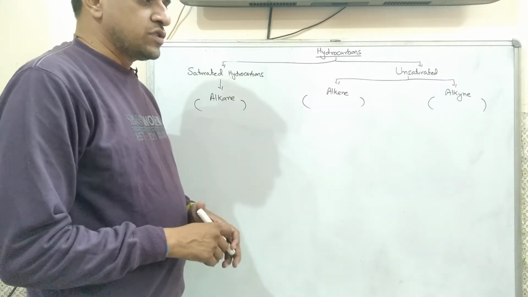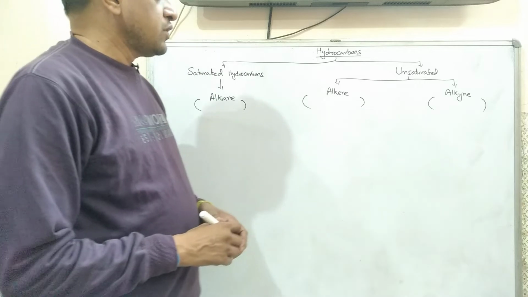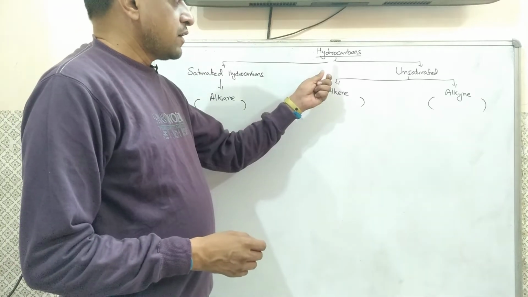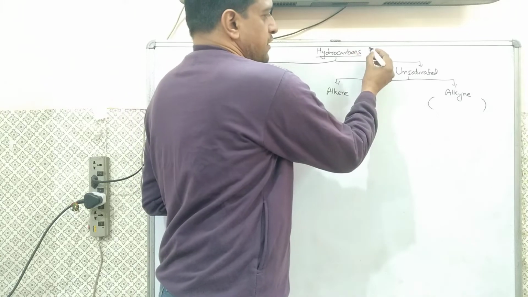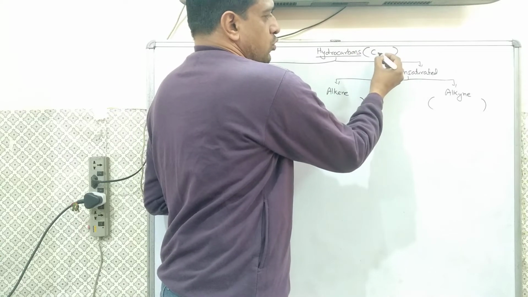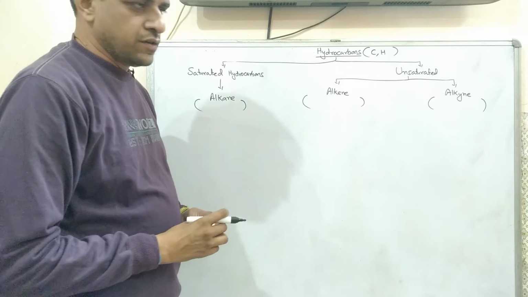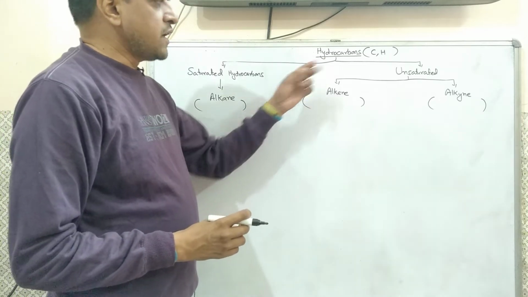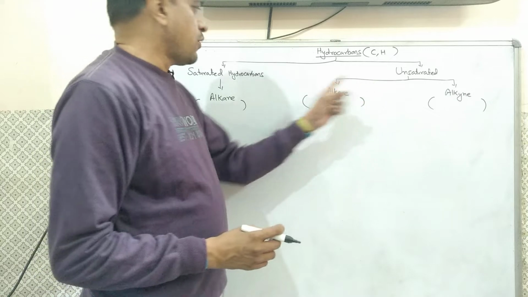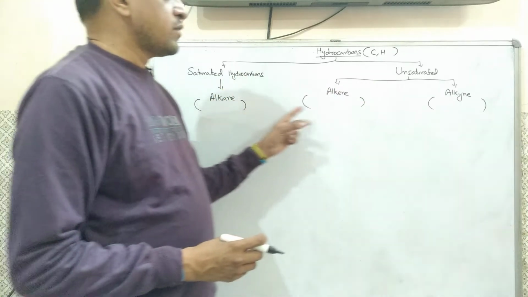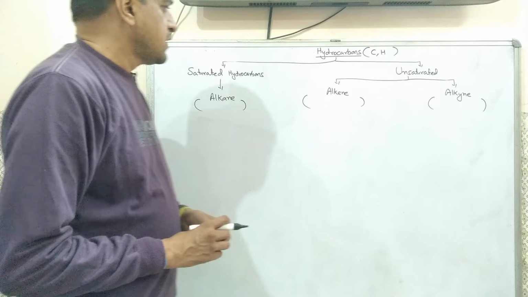Now come to the study of hydrocarbons. In this chapter you will learn hydrocarbons. A hydrocarbon, as the name indicates, is made up of two main elements, that is carbon and hydrogen. Now these hydrocarbons can be divided into two further forms. One is saturated hydrocarbon and another is unsaturated hydrocarbon.